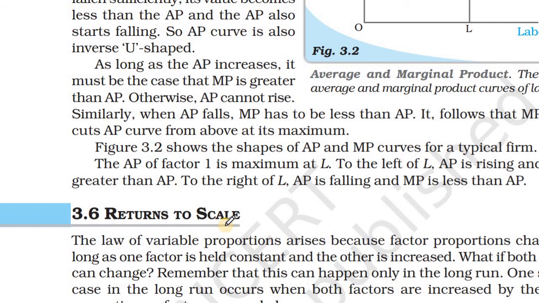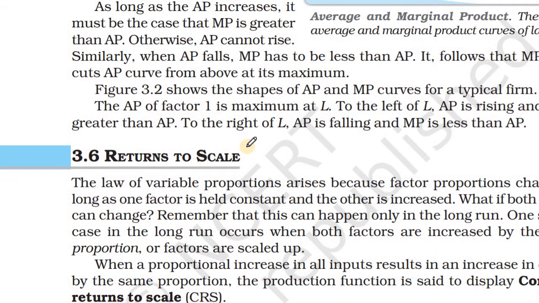Next, we can study returns to scale. Then we studied what the law of variable proportion is. Variable proportion arises because the proportion of factors changes as long as one factor is held constant.